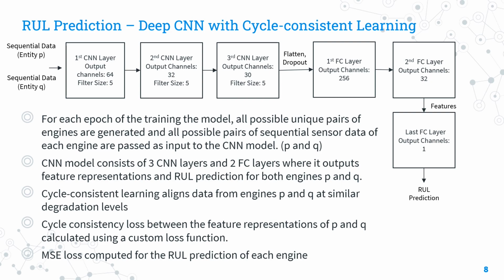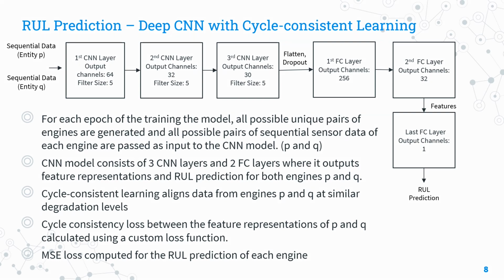The CNN model consists of three convolutional layers and two fully connected layers, where it outputs feature representations and RUL predictions for both engines P and Q. Cycle consistent learning then aligns data from each of these engines at similar degradation levels, and this loss is calculated using a custom loss function. The mean squared error loss is computed for the RUL prediction of each engine as well.